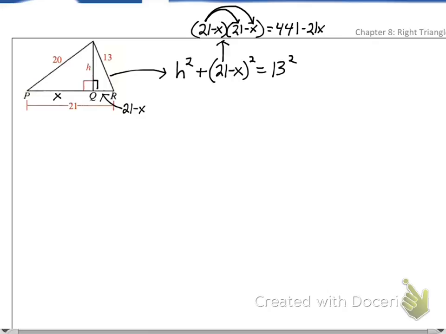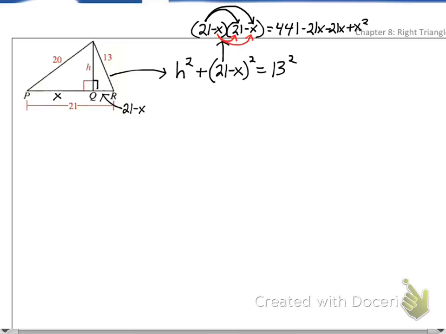I'm done with that 21, so now I have to go underneath and do the negative x to the 21, which would be negative 21x. And finally, the x has to be distributed to that last thing. Negative times a negative is a positive, so I have positive x squared. Like I said, I'm okay if you do it in your head. I'm okay if you write it out. Writing it out is sometimes nice because then if you make a mistake, I can at least see what you did.